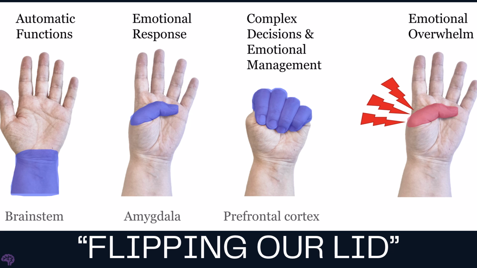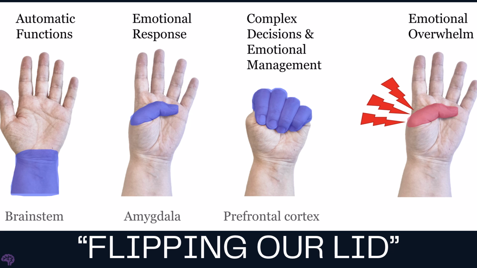Then on the top, you have your cerebral cortex and your prefrontal cortex, and that's doing complex decisions, and that's managing those emotions that you're feeling. That's what helps you manage and control your emotions and have what we call emotional regulation, okay? You see how those fingers just curved and covered right up, covered that amygdala right up and protected it, because they need protection. They're scared or excited or worried.